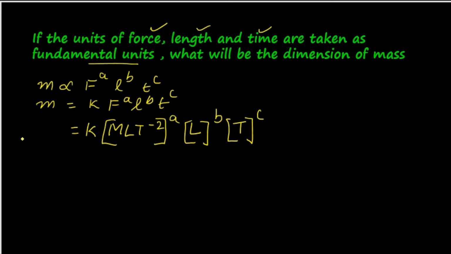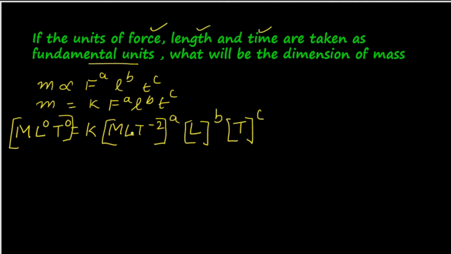What will be the dimension of mass? M raised to 1, L raised to 0, T raised to 0. It is by the principle of homogeneity that the left hand side and right hand side are equated.